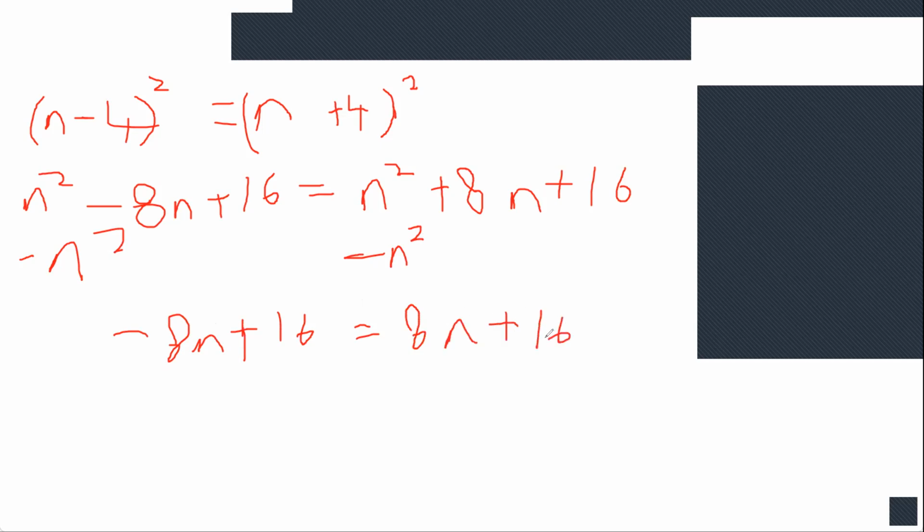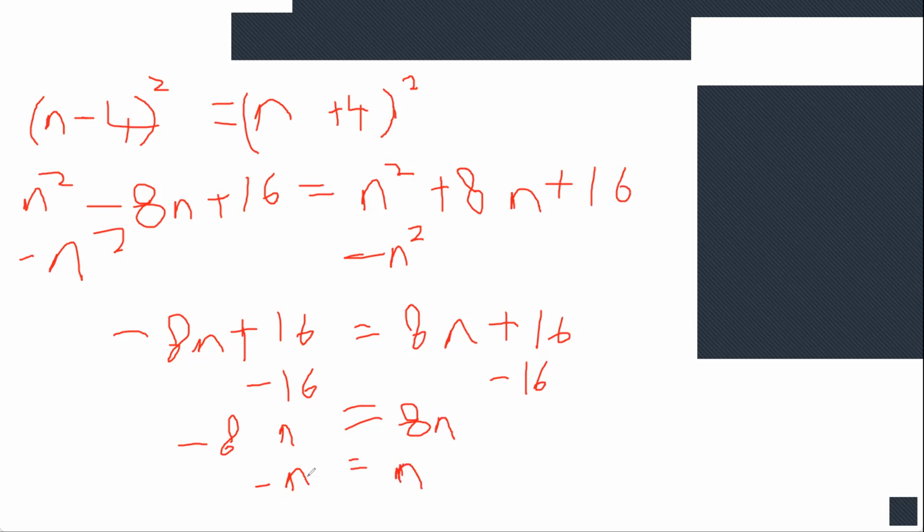Then I subtracted 16 from both sides, and we get negative 8n is equal to 8n. Then we divide both sides by 8, and we get negative n is equal to n.